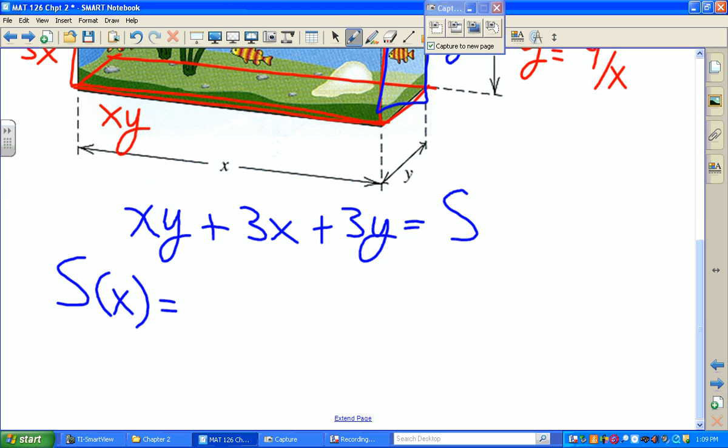How do you get rid of the y's? No, from part A. They're hinged together with x. How? For every y, you get what? 4 over x. That's a substitution in part A. In part A, it tells you how to substitute it in.